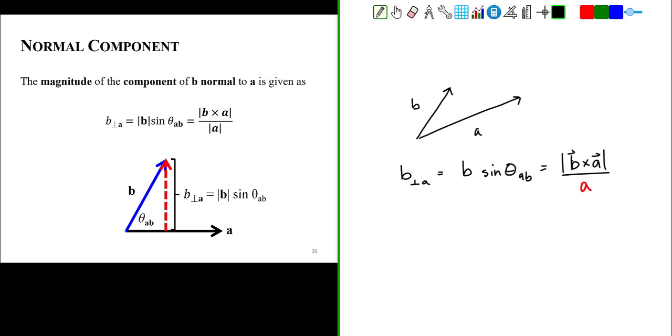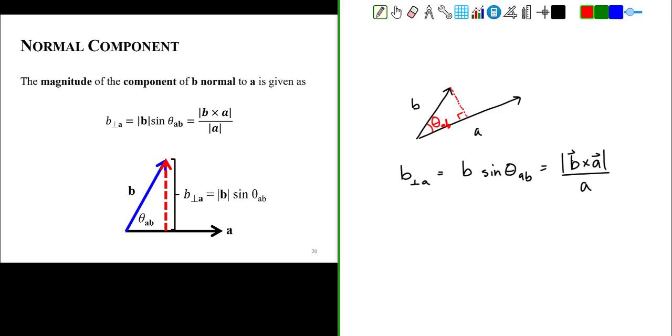So what do we mean by the component of vector B normal to vector A? Well, imagine this. If you draw a line from the head of vector B down perpendicular to the axis on which vector A lies, notice how we get a right triangle.